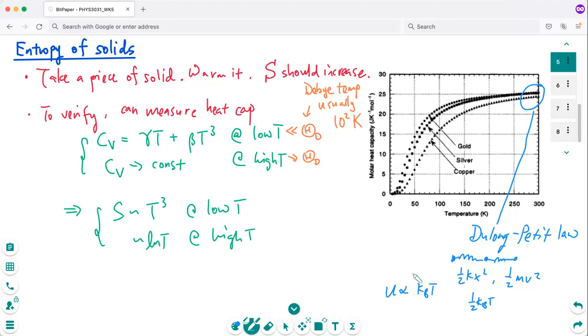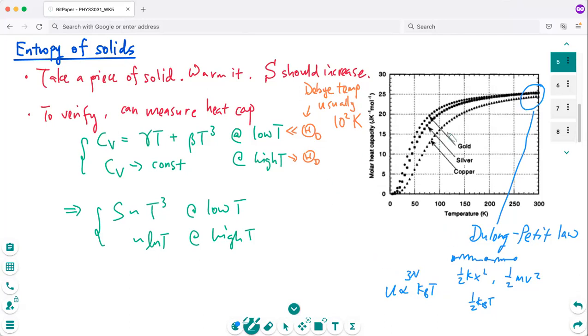The precise form is actually 3N kBT. And therefore the heat capacity is the temperature derivative. You have 3N times kB, which is temperature independent, and this explains why this is constant here. At high temperature, that's when you have this simple Dulong-Petit law.